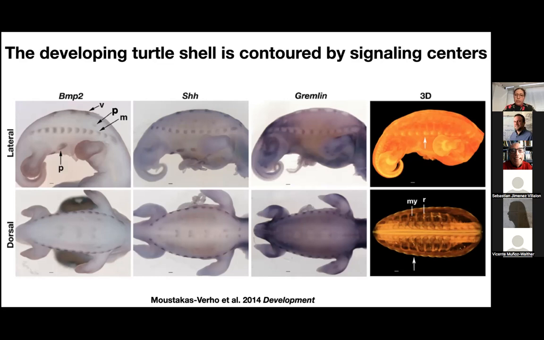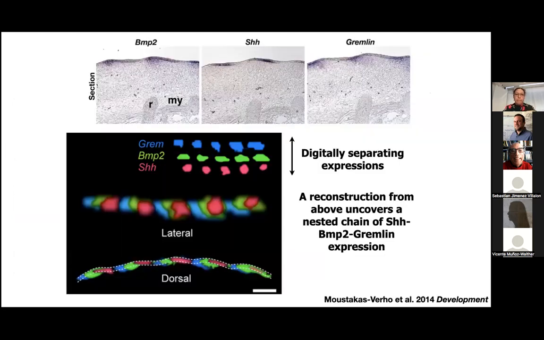And using micro-CT, we also studied how the signaling centers are contouring the shell. Looking at this in section, we looked at how the different expression patterns are separated and how they come together in the development of these scute precursors.